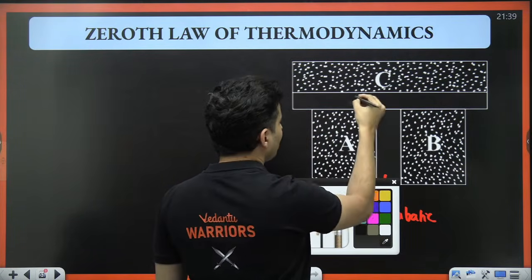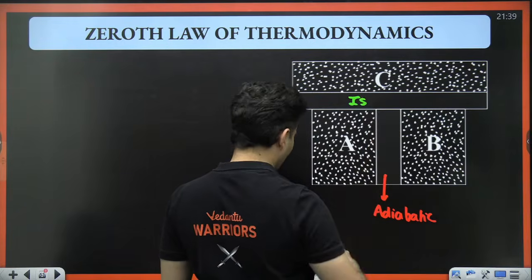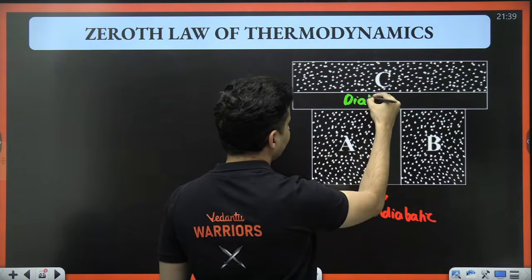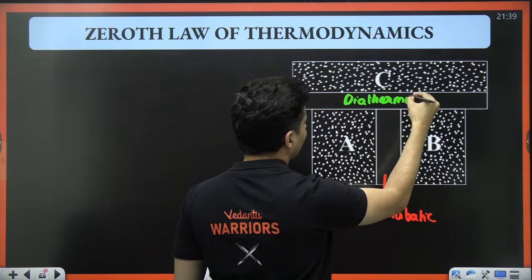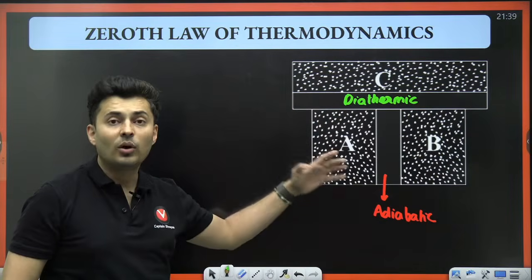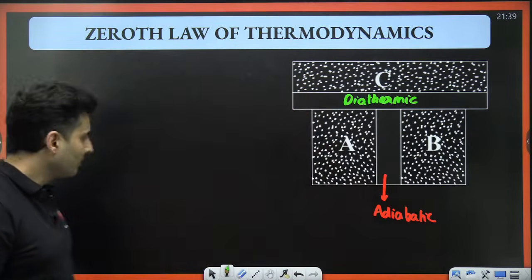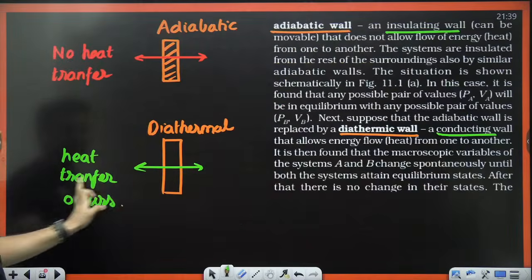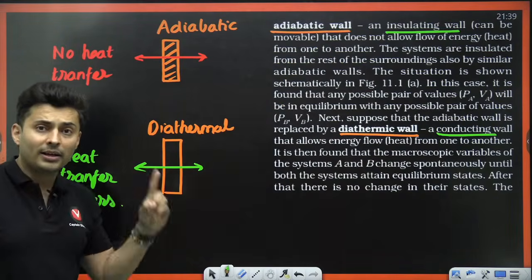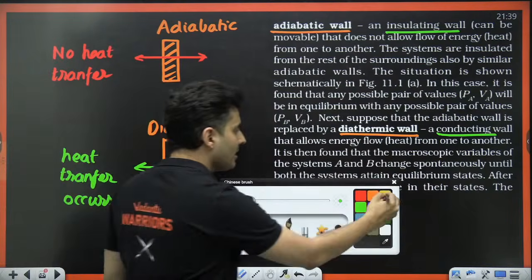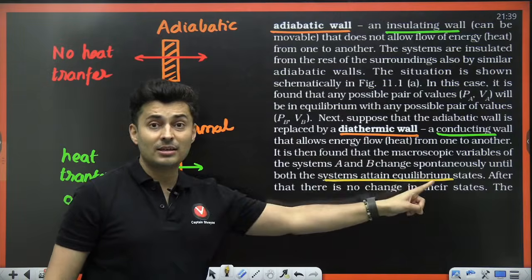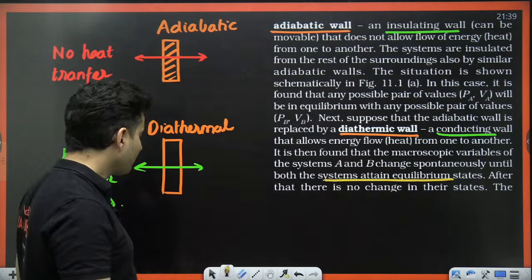And let's say this is a diathermic wall. Now, if you have a diathermic wall, what happens? Heat exchange occurs. Just like I mentioned over here, heat exchange occurs. And the heat exchange occurs till what? It occurs till the system attains equilibrium.